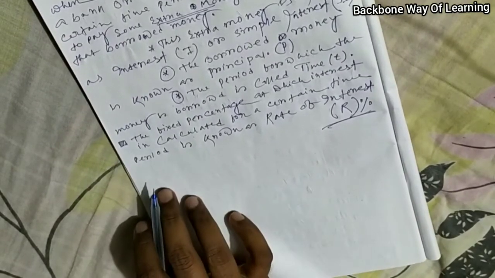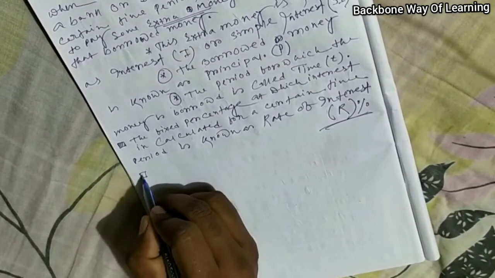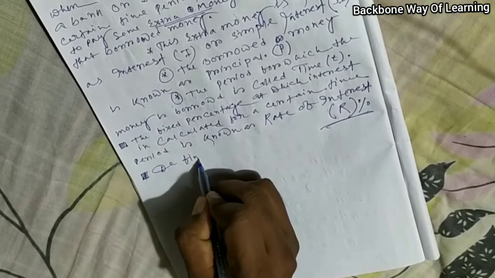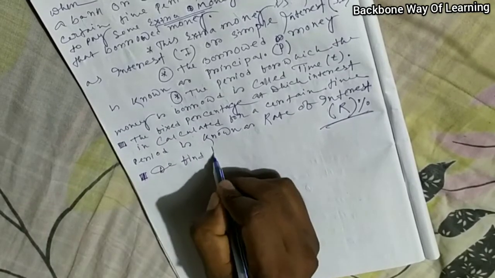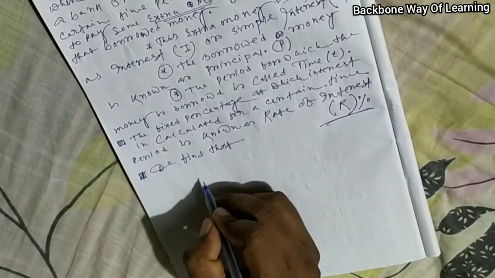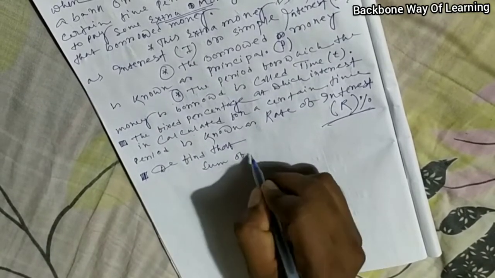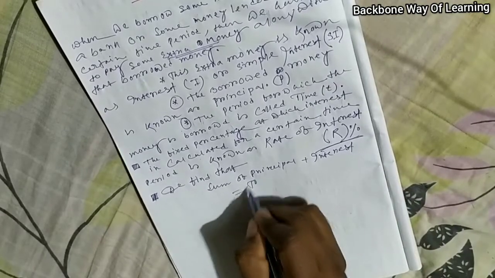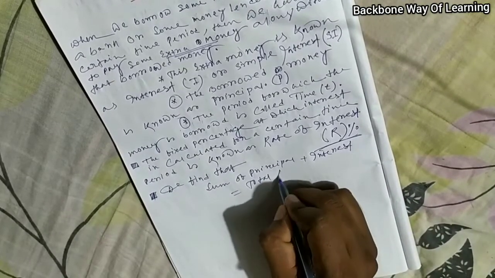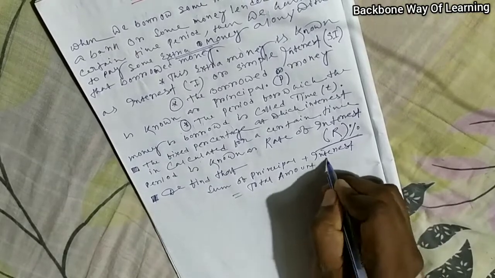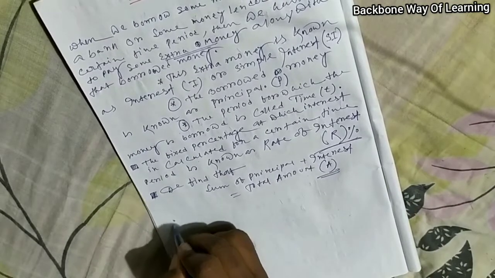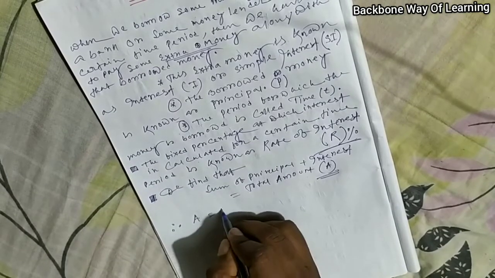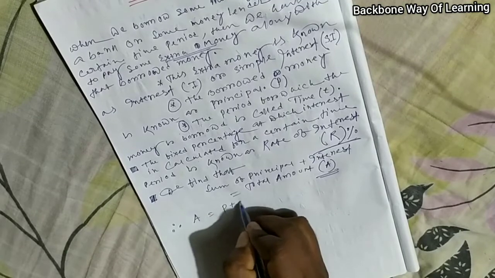Next, we find that the sum of principal and interest is equal to the total amount. Therefore, A is equal to P plus SI.